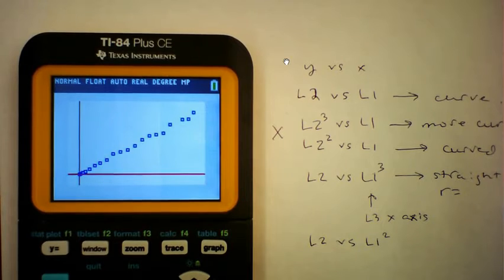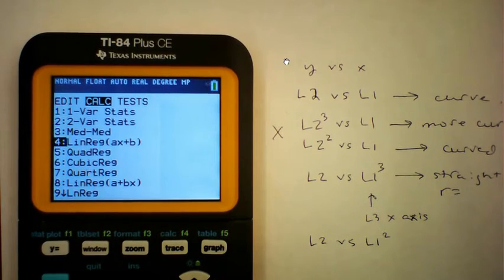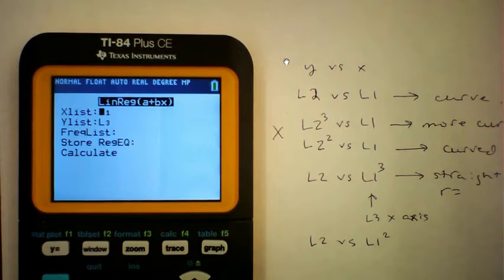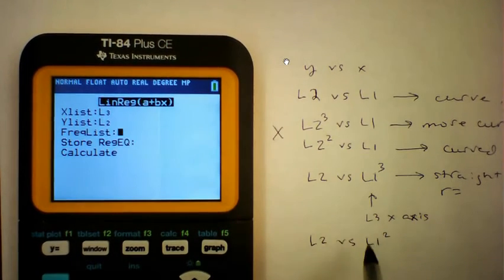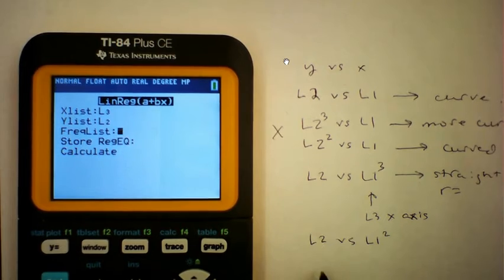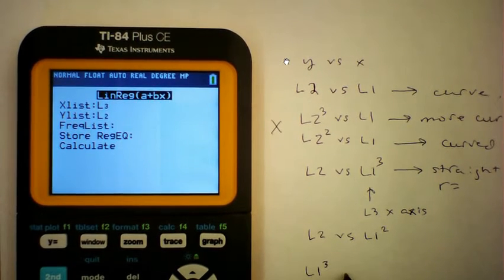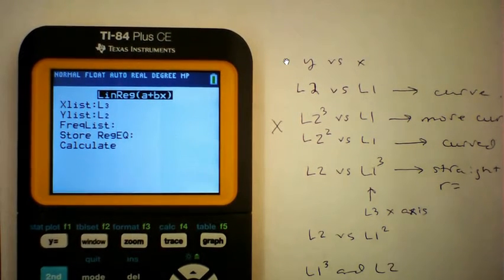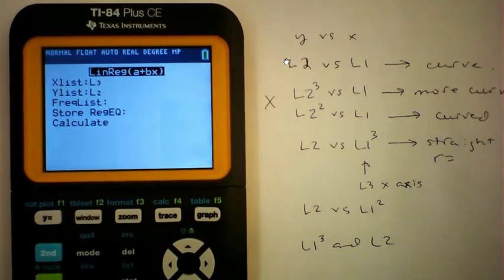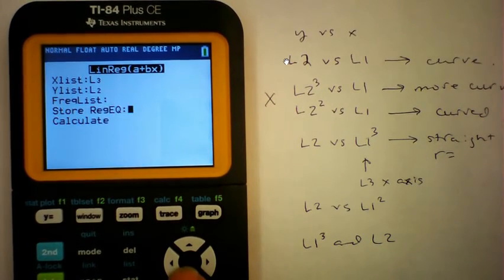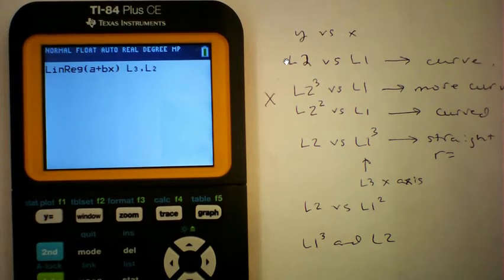We have to make sure that when we go stat calc and run my linear regression, I need to remember that it's L3 that is my X values and L2 is my Y values. So maybe instead of using versus, if I said it like this, L1 cubed and L2, that might make it a little clearer what's going in first. So let's calculate this, see how it goes.